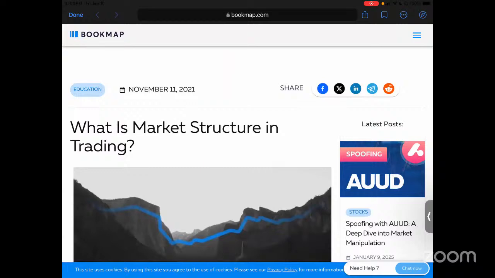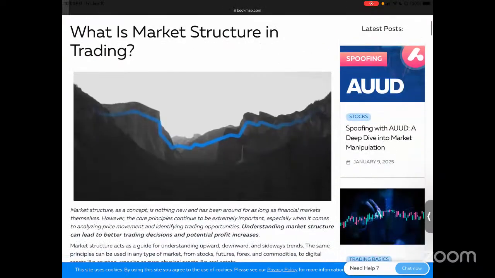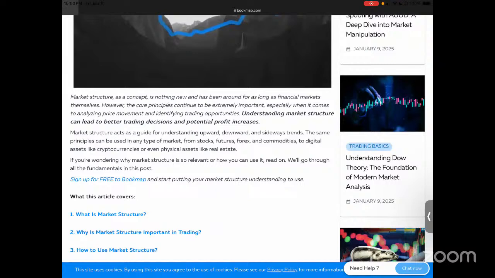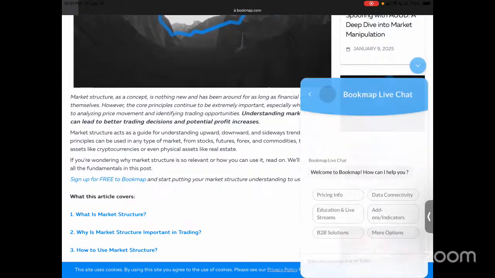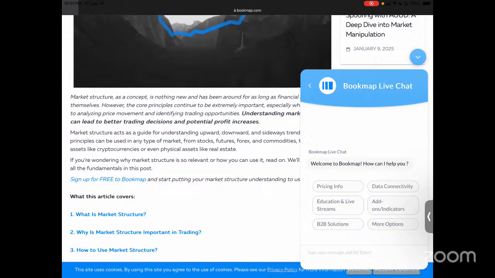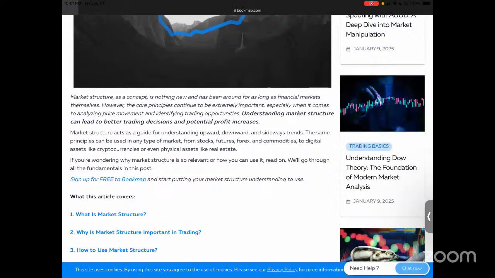So let's talk about what is market structure in trading. Market structure is nothing new and it's been around for a long time in the financial markets. Its core principles continue to be extremely important, especially when it comes to analyzing price movement and identifying trade opportunities. So, what are the three directions that the market moves?